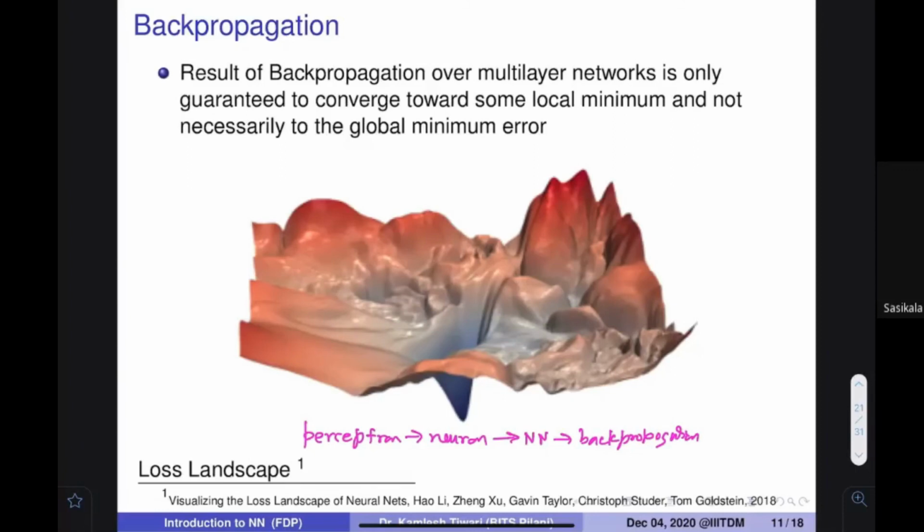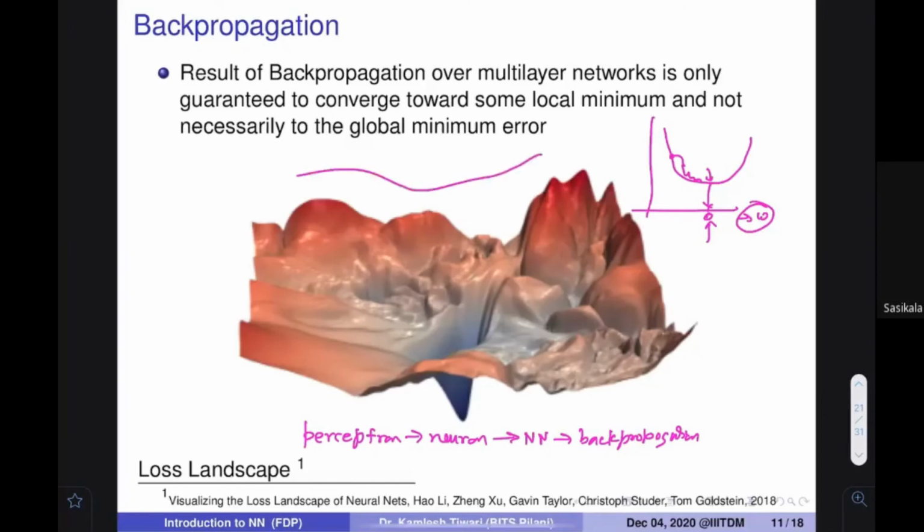Actually, what happens now? We have just shown you that the error surface is like this. So if you are here, you move in this particular direction so that you reach this particular place, and the corresponding value for a particular weight is going to be the minimum. But actually it is not a single weight, multiple weights are there, and other weights also have a different kind of effect, and therefore the surface looks something like this.